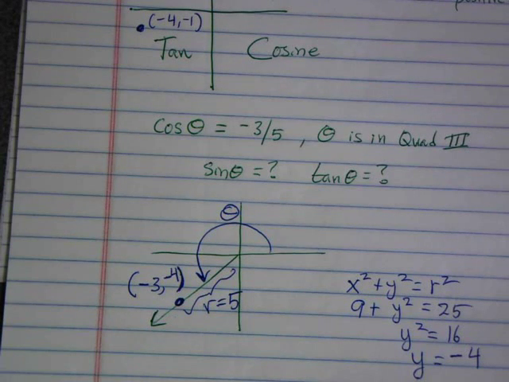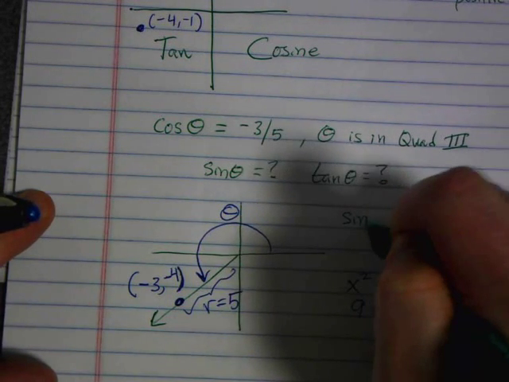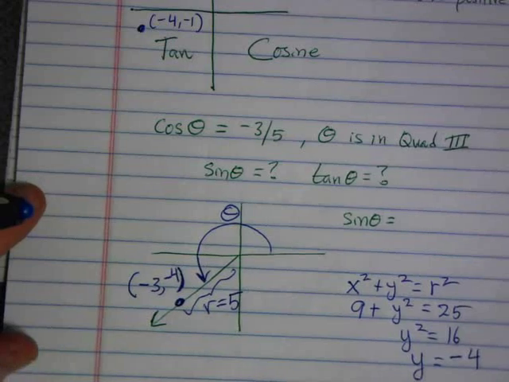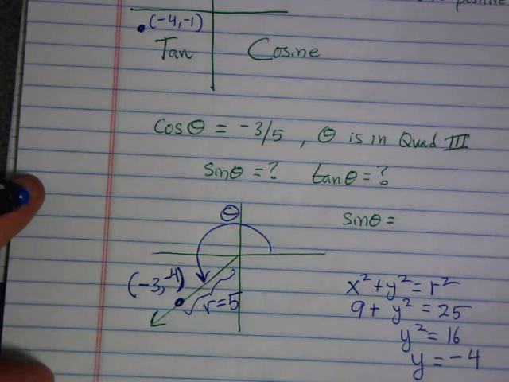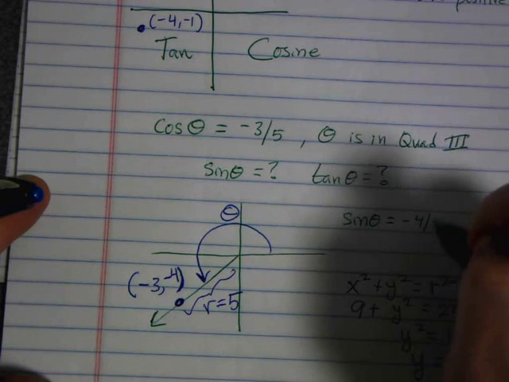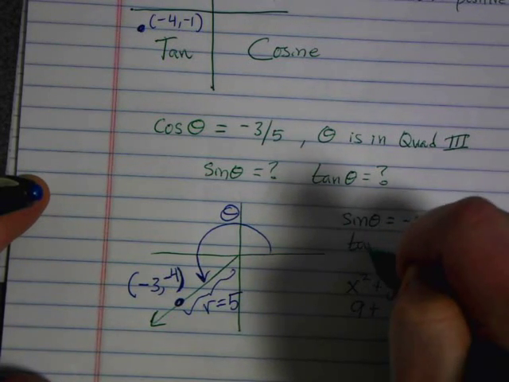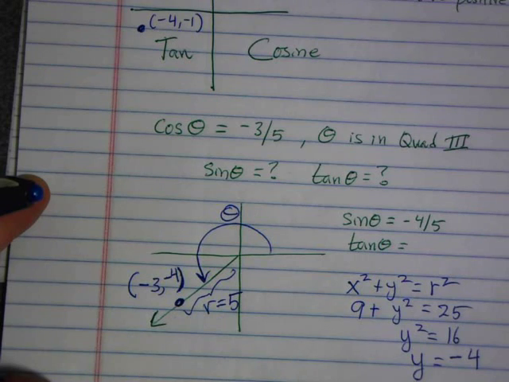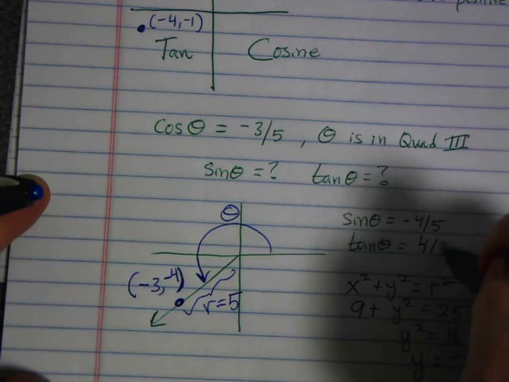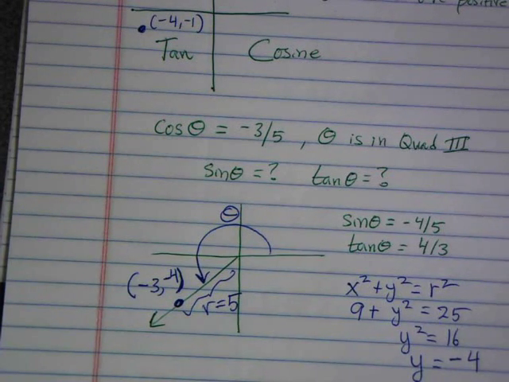All right, so we're all set now. Now I can say sine of theta is y over r, so that's -4/5. And tangent of theta is y over x, which is 4/3.